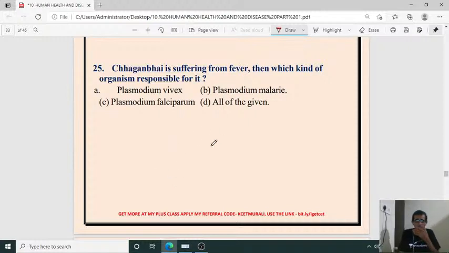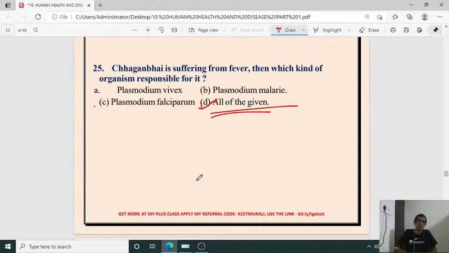Chagan Bhai is suffering from fever. Which kind of organism is responsible for it? Plasmodium vivax, Plasmodium malariae, Plasmodium falciparum, and all of the given. The right answer for the 25th is D, all of the given.